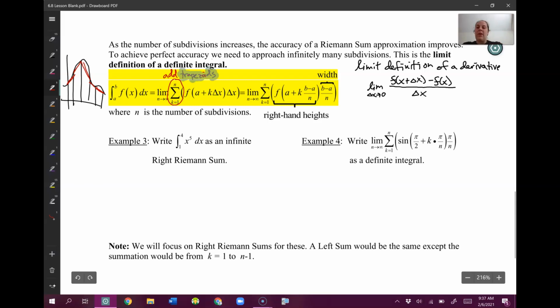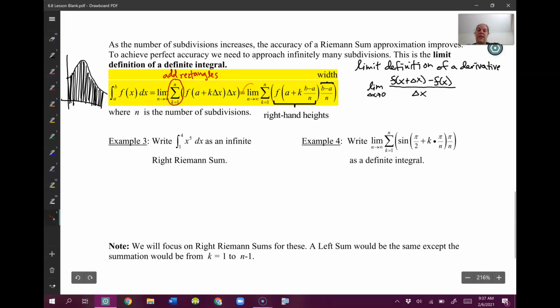Oops, sorry, I lied. It's add all rectangles. We're going back to rectangles for this. Now, something that I want you to notice from this graph. Can you see that the more intervals I get, the more accurate it's going to be when I add all of them together?